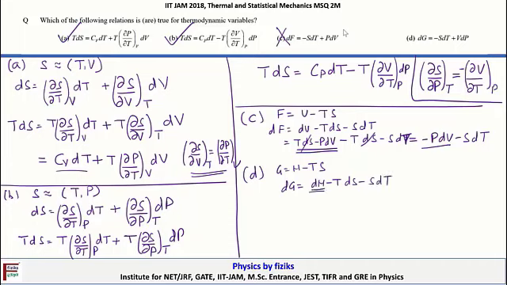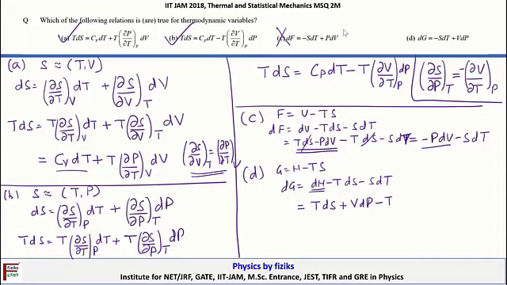Here we have to substitute the value of dH, which is TdS plus VdP.